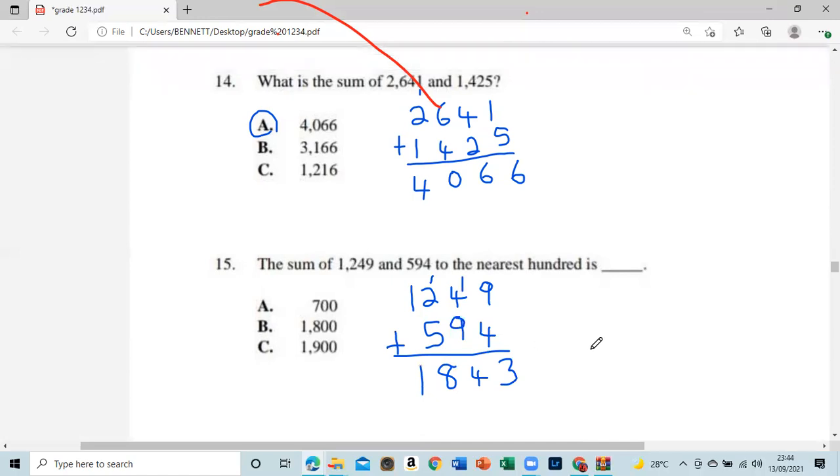Now, in order to make it up to 1900, how much more would we need? We need 57, right? So we're going to compare 57 and 43. So it's easier to drop off 43 to get to 1800 than to add a whole heap of 57. So it is D.